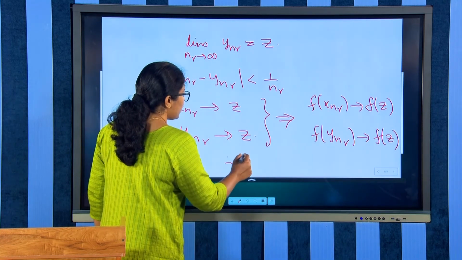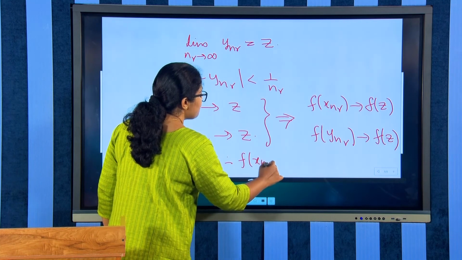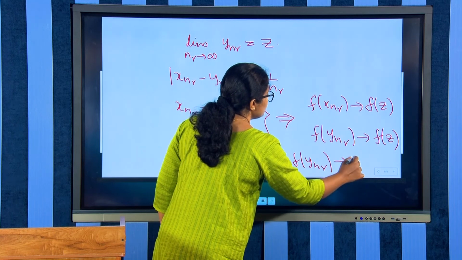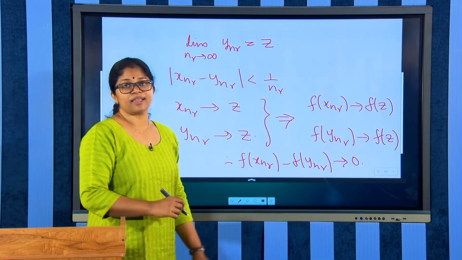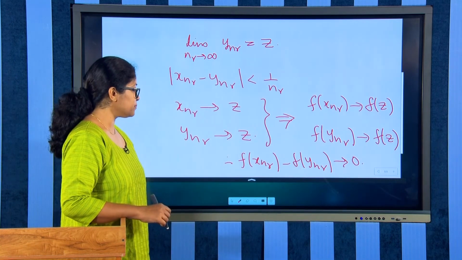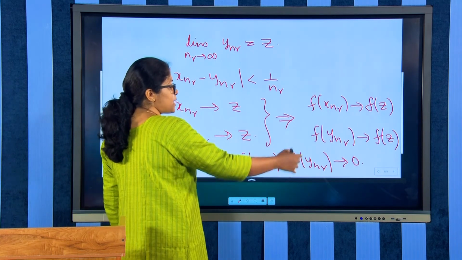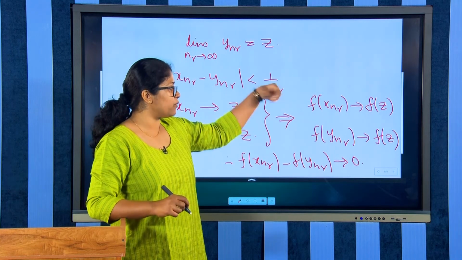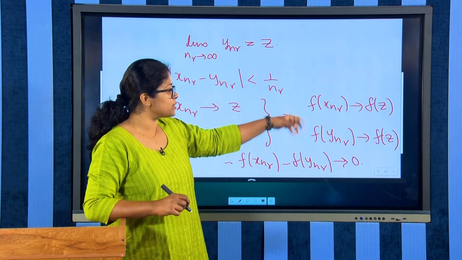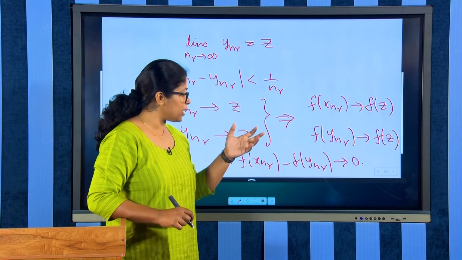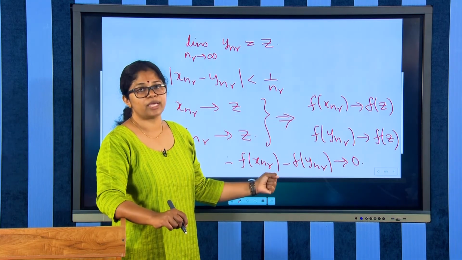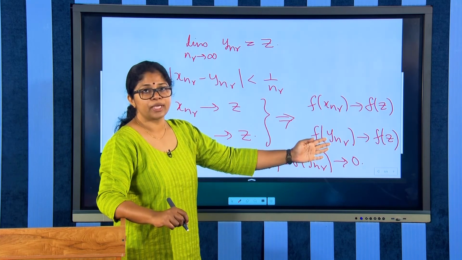Therefore f of xnr minus f of ynr goes to 0 as nr goes to infinity. Actually, f of xnr and f of ynr are sequences of real numbers, so the difference between these two is also a sequence of real numbers which goes to 0.